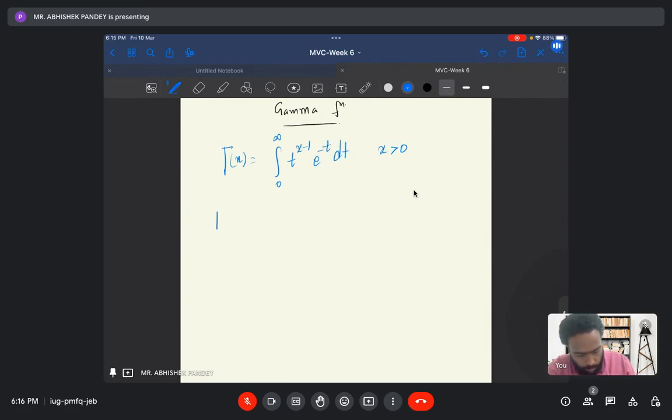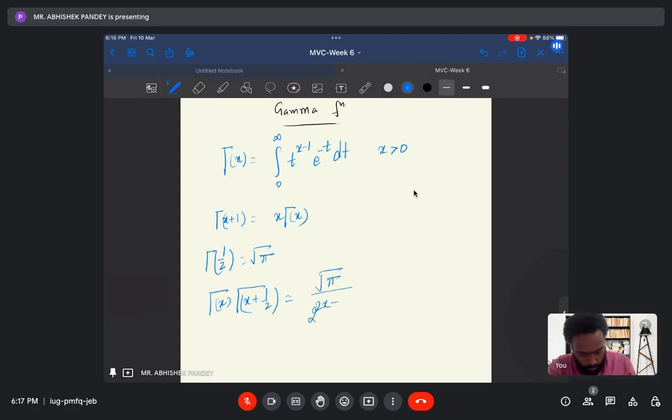Some of the properties are: gamma of 1 by 2 is root over pi, and gamma of x into gamma of x plus 1 by 2 equals root over pi 2 to the power 2x minus 1 gamma of 2x.